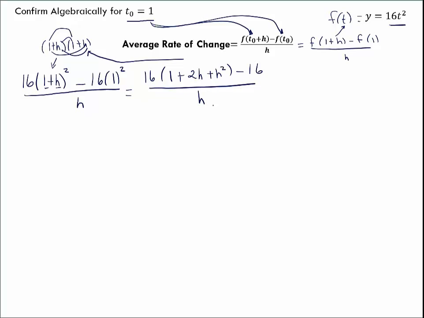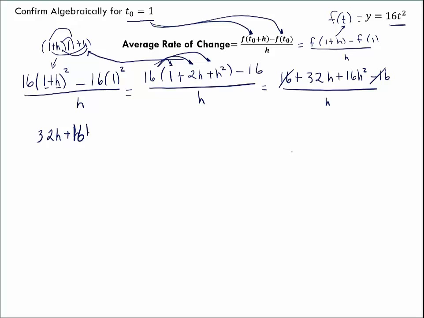So this now gives me, I'm going to distribute the 16 to everything inside the parentheses. So I get 16 plus 32h plus 16h squared, and then I still have that minus 16 sticking out there. And so now at this point, I can cancel my 16s, and I'm left with 32h plus 16h squared over h.